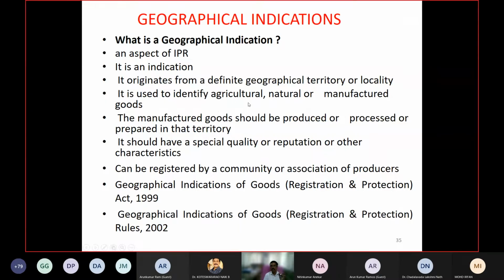It identifies agricultural produce like Alfonso mangoes from Goa, Konkan, Maharashtra only, either agriculturally produced or naturally occurring in that particular area, or manufactured goods, like Kolhapuri chappal. The leather workers produce it in that particular area of Kolhapur.